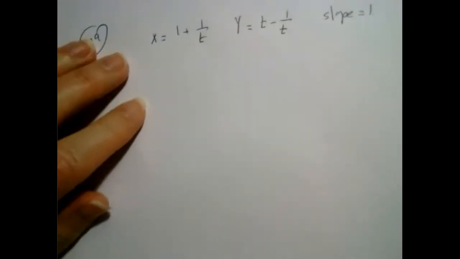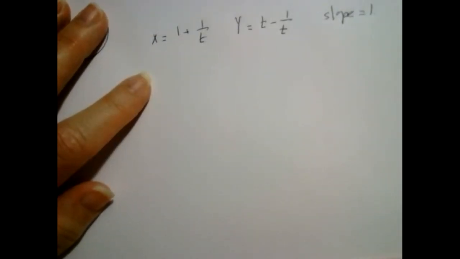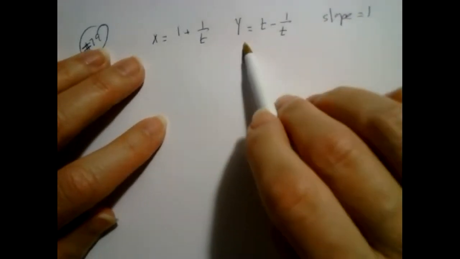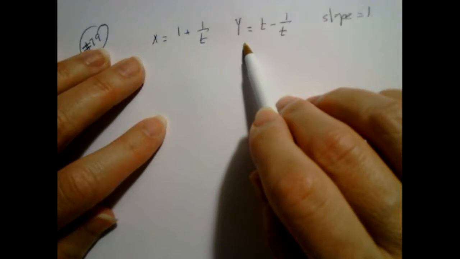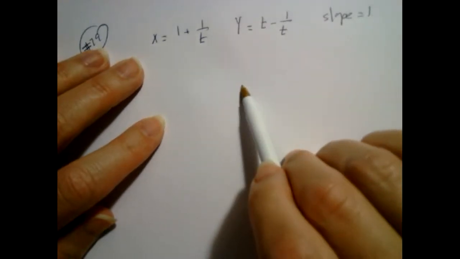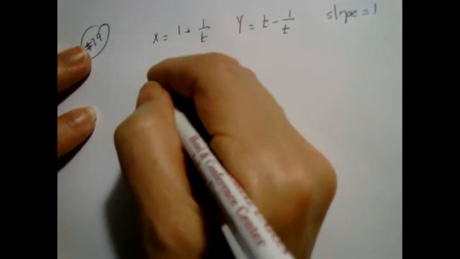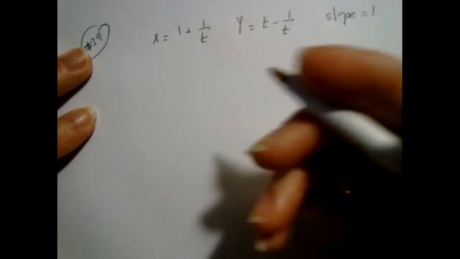I don't know what this curve looks like. It's not very hard to find. Finding an equation relating x and y is actually feasible, but we don't have to worry about that. They want us to find a point where the slope is 1. So basically, we're going to find the slope, set it equal to 1, and solve for t.